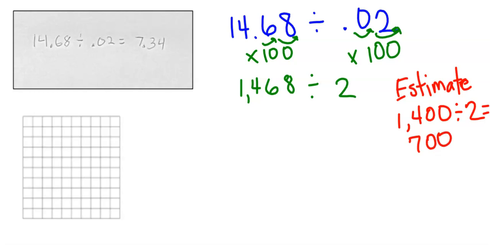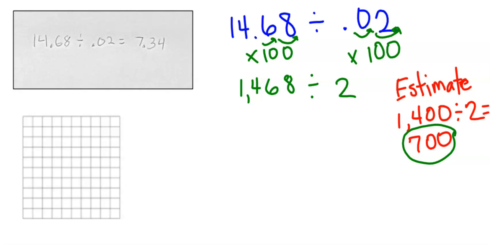Okay, so the estimate is about 700. So do you think it's more than 700 or less than 700? Well, it's more than 700 because it is 1,468.